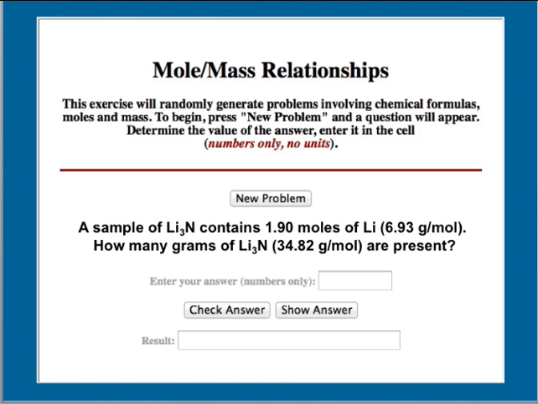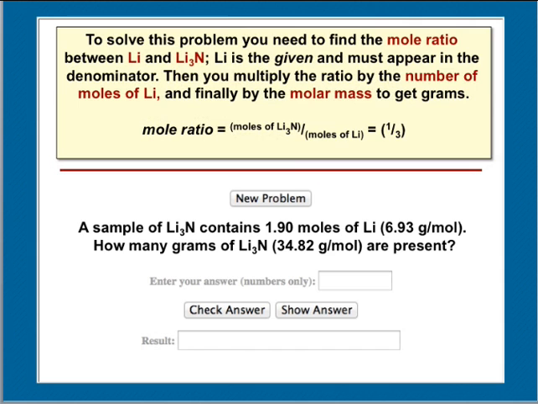So first of all, we're going to take this and our mole ratio, calculate moles. Once we know moles and the molar mass, we can calculate mass. Mole ratio, lithium and lithium nitride, that's 3. Lithium nitride to lithium, 1 to 3.